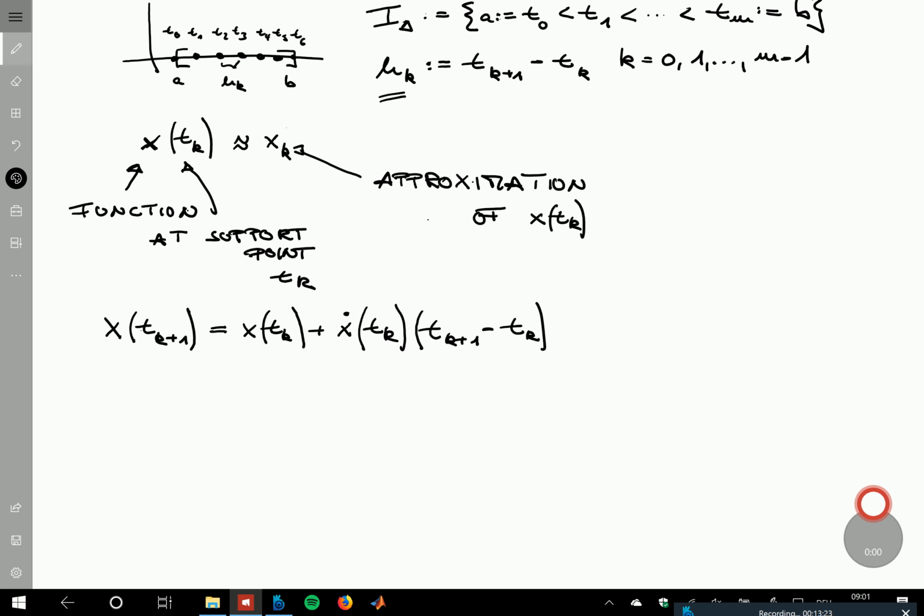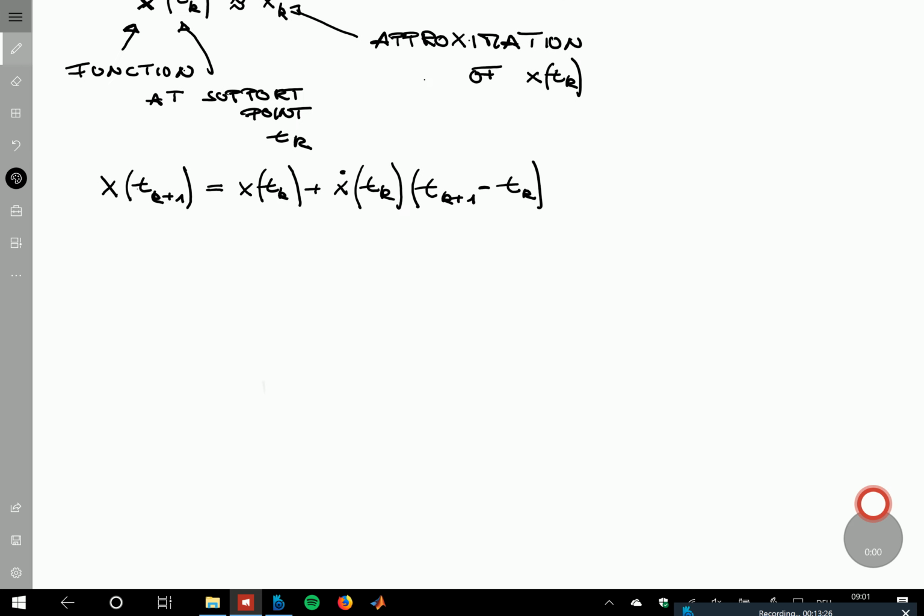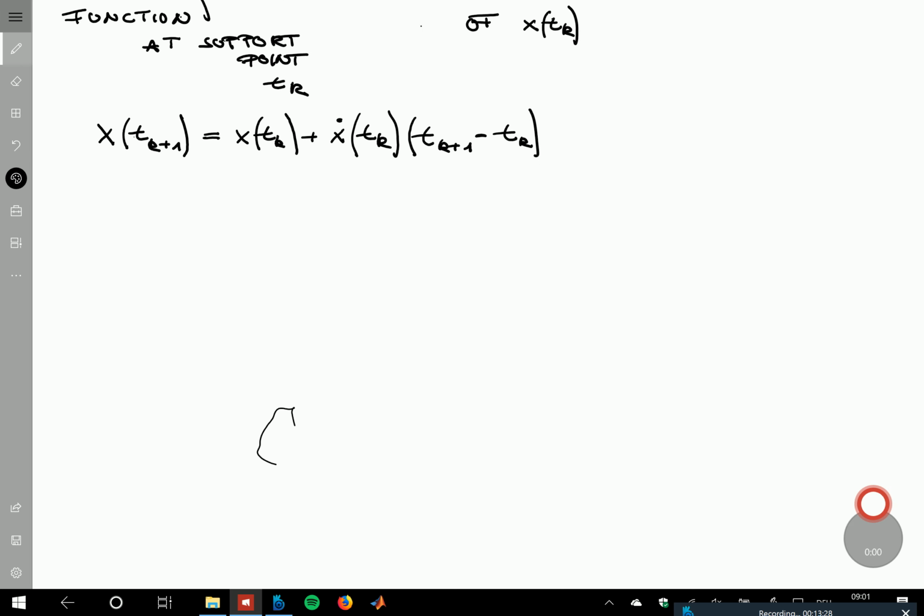So maybe Taylor approximations then, briefly, because that's essentially just a Taylor approximation. Taylor approximations are local approximations of functions. So here you have now, let's say, a function f of x.